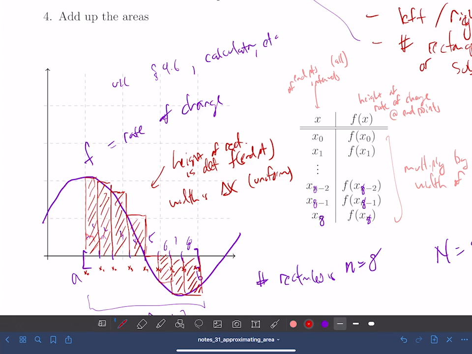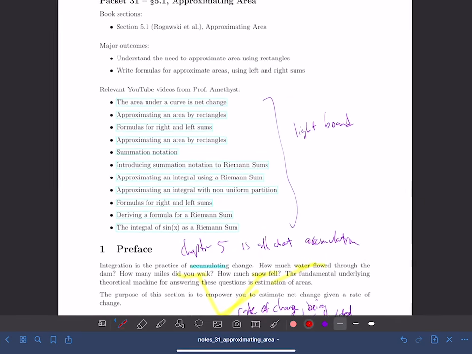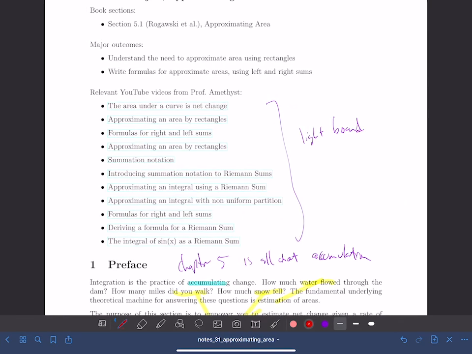If you go on and do further work with numerical analysis and integration techniques and applied mathematics, you'll work with non-uniform partitions. One of my videos specifically talks about using a non-uniform partition, and I would like to draw your attention to that.